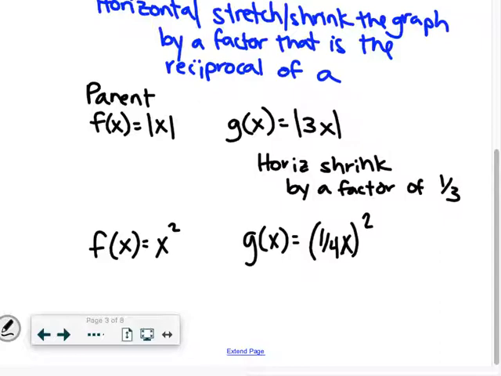Now, the parentheses here are really important because the parentheses are protecting the 1/4, and so that's in there with x, so that represents a horizontal stretch or shrink. And this would be a horizontal stretch.